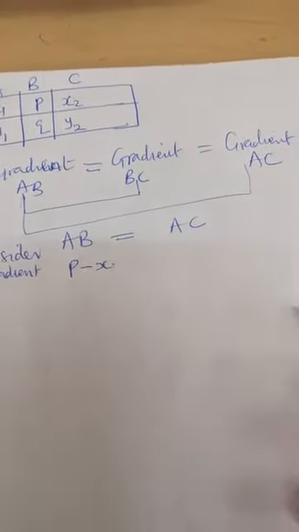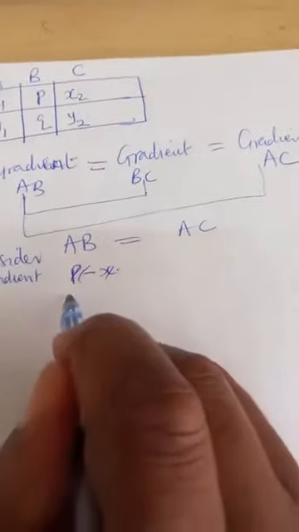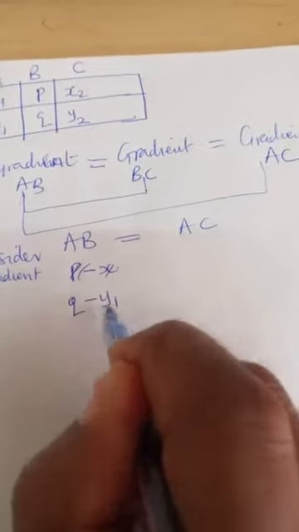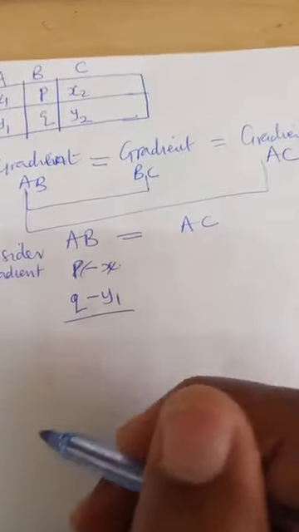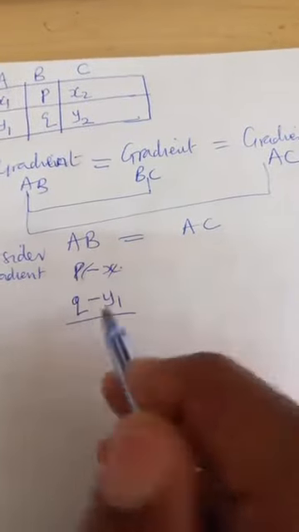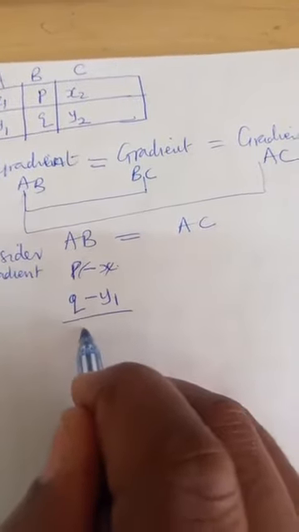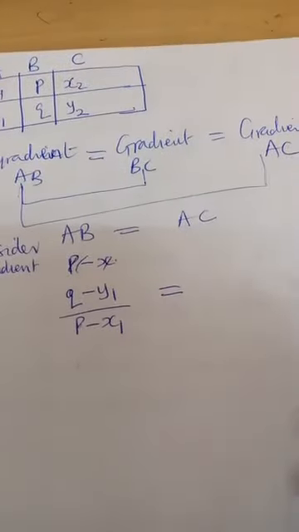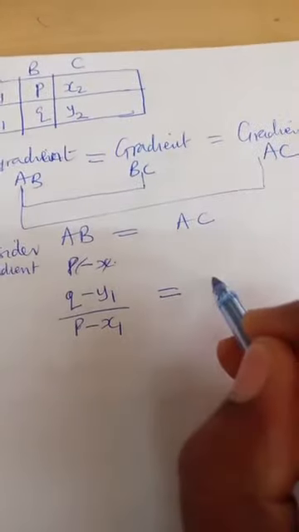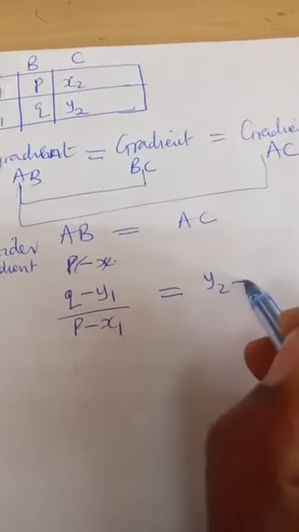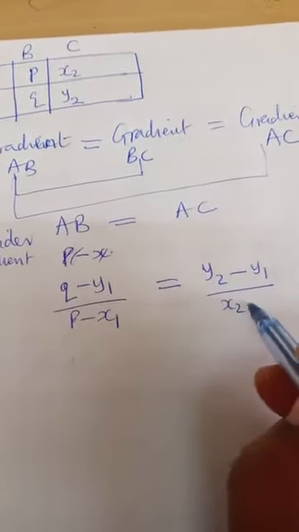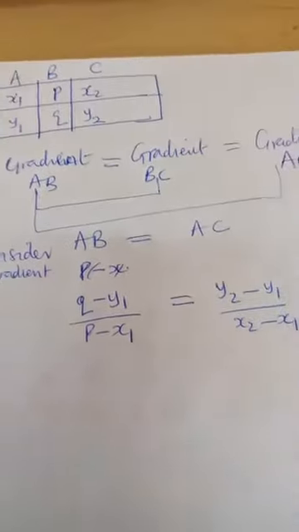You should not forget that. So our gradient AB will be Q minus Y1 over change in X, P minus X1, should be equal to AC. AC will be Y2 minus Y1 over X2 minus X1.